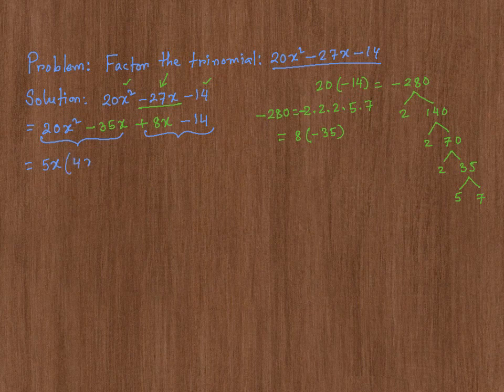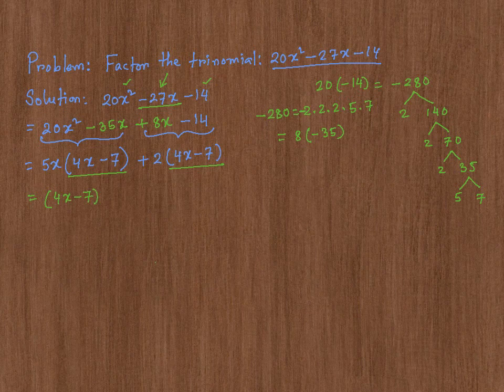That gives me 4x minus 7. In the second group, I could factor out a 2. That's going to give me 4x minus 7. Now note that 4x minus 7 and 4x minus 7 is common in both the terms. So I could factor out 4x minus 7.